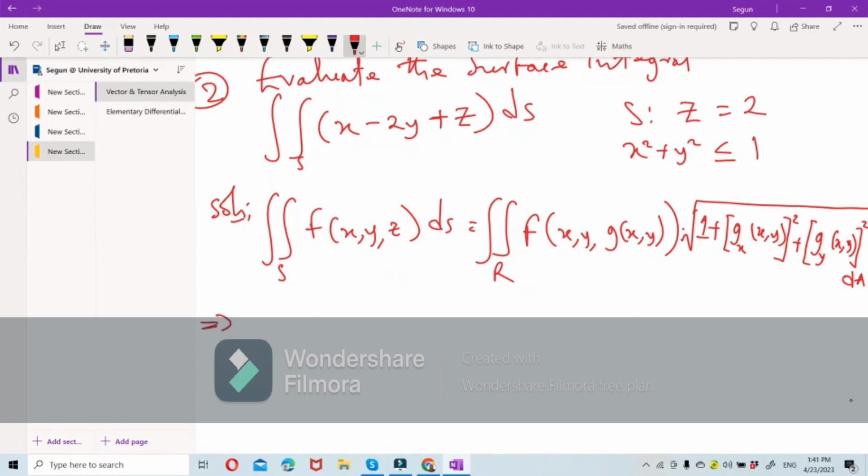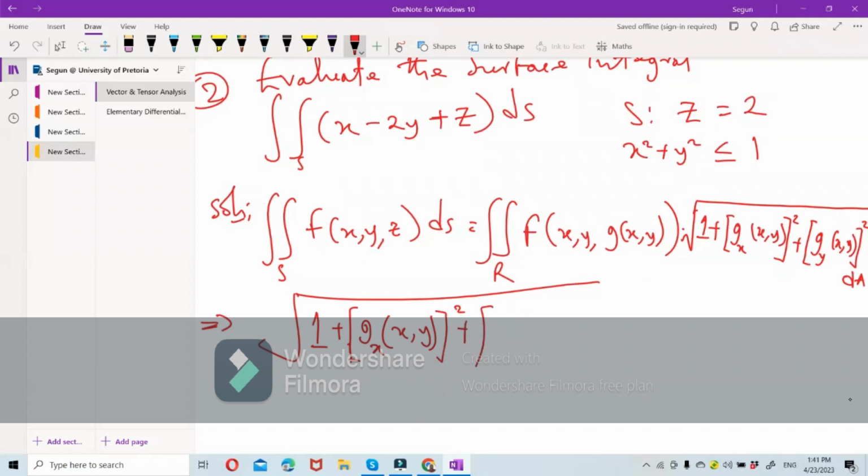So the last aspect that I just put is this: the square root of 1 plus g subscript x of x, y, all squared, plus g subscript y of x, y, dA. I will explain everything to us, one after the other.